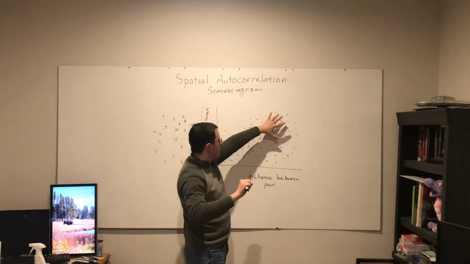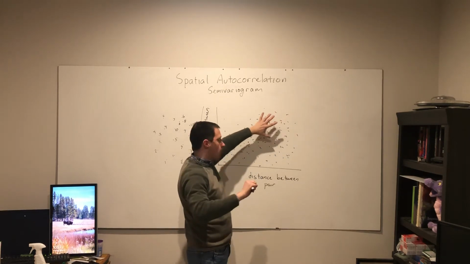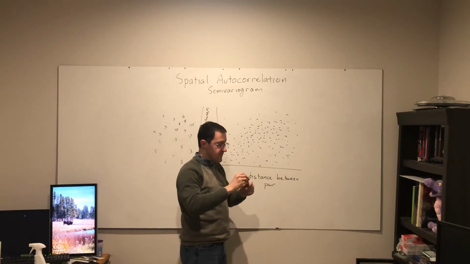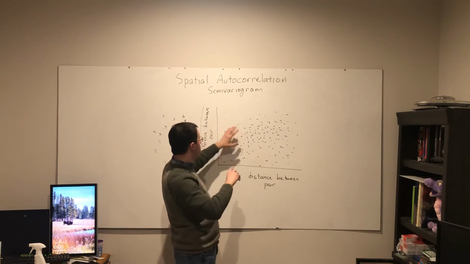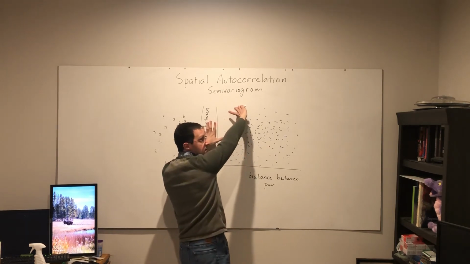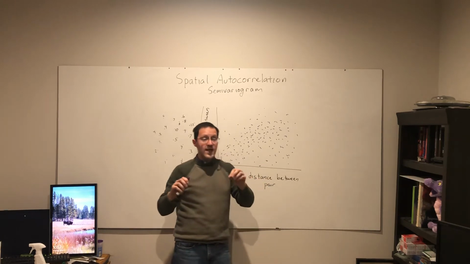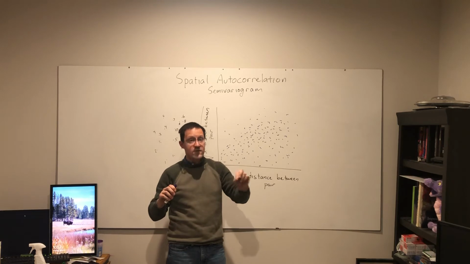And so larger differences show up more commonly at larger distances. Sometimes it can be pretty clear cut, and you can see a mostly empty area up here in the top left, where there are very few places that have a big difference but a short distance apart.